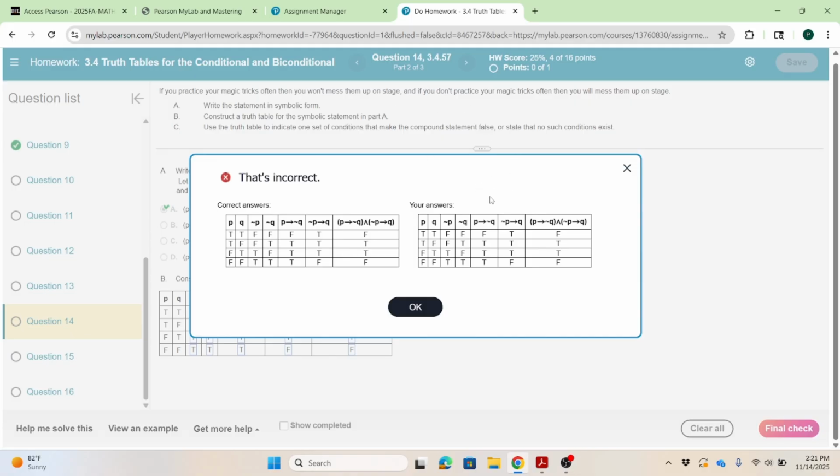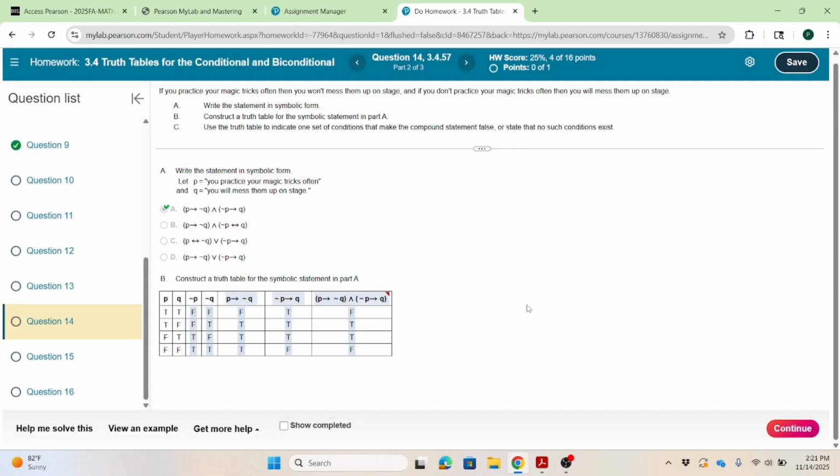So this MyLab system is wrong. If you compare here, everything else is exactly the same, but for some reason the system is not recognizing my answer. I see everything else is right, so the process is right. Let's go to the next step.